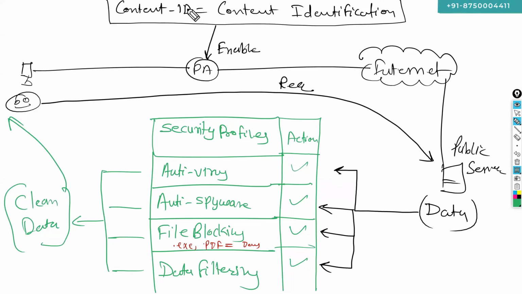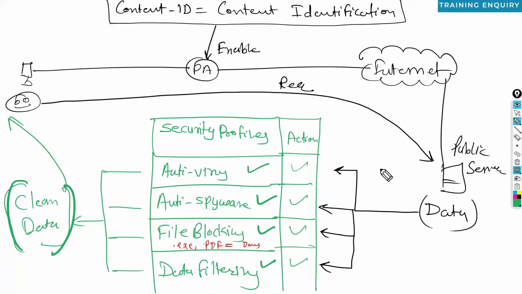It is in front of you. When we will enable on our Palo Alto firewall antivirus, anti-spyware, file blocking, and data filtering profiles, with the help of these profiles, we can clean the data or we can remove the impurities from data. That will be called as Content ID.